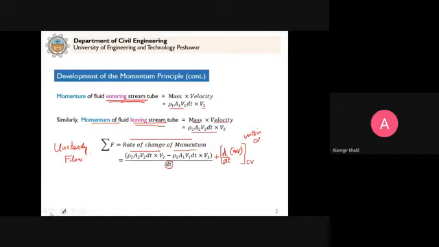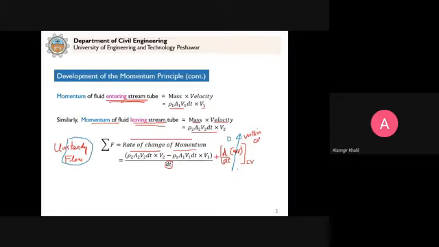But if we neglect this rate of change of momentum within the control volume, if we ignore this, then it is applicable only to steady flow. We say that there is no rate of change of momentum within the control volume.